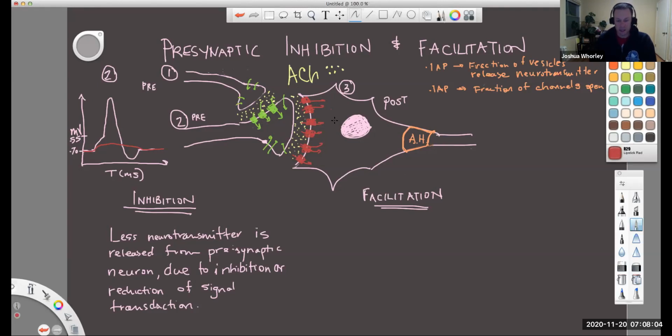Now, of course, this presynaptic inhibition and facilitation really makes sense if you're working with, for example, channels that are permeable to calcium or sodium. But the same thing can happen for channels that are permeable to chloride or to potassium.